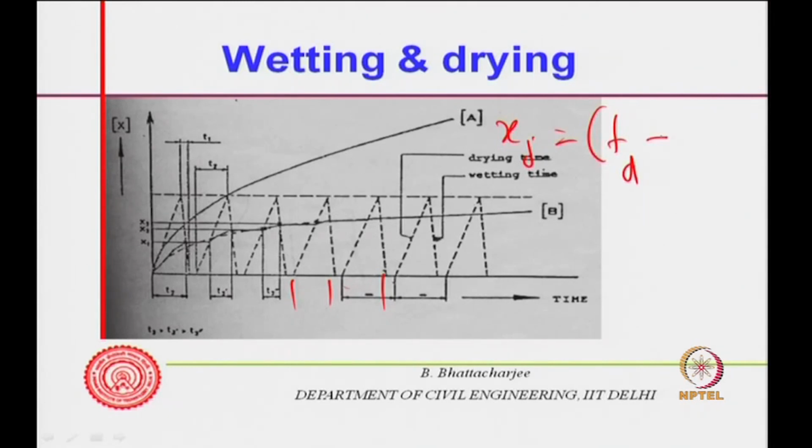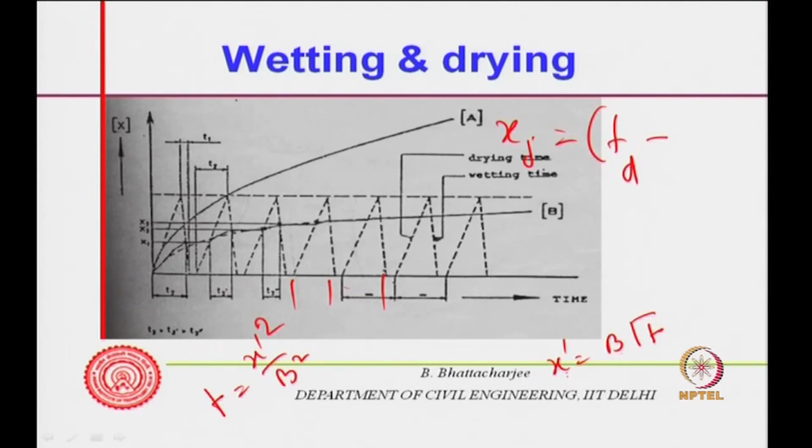Now, if you look at x dash, that is the moisture penetration depth, B under root T. So, the unit of B is actually distance or length divided by root over T. If I square it up, T would be x dash squared by B squared. So, what is the unit of B?